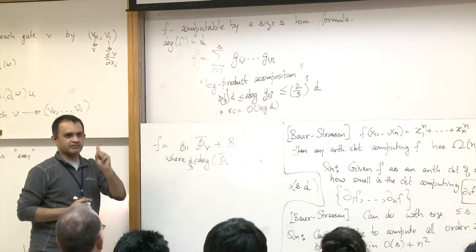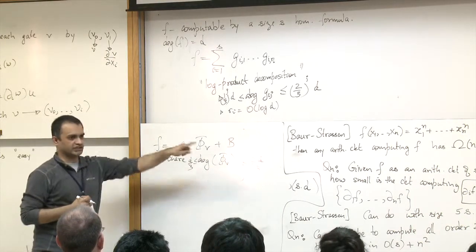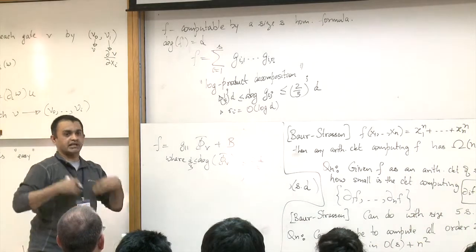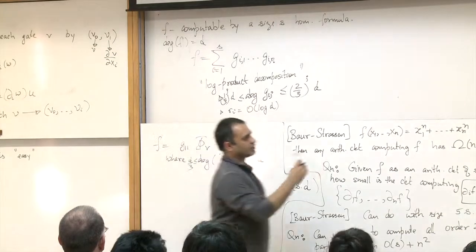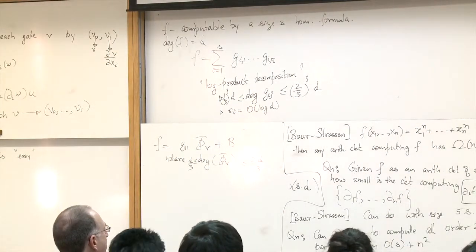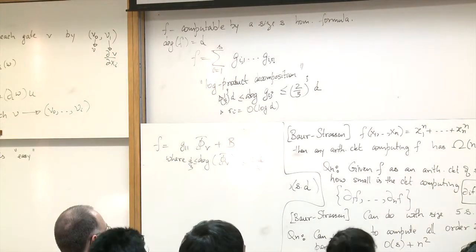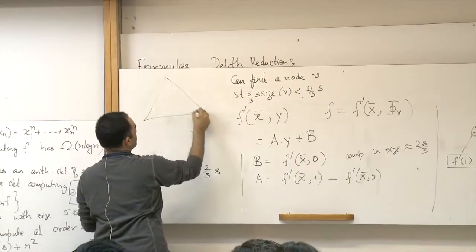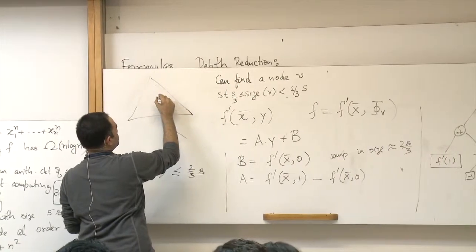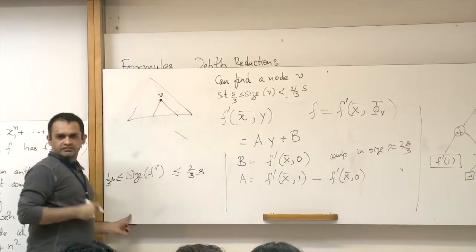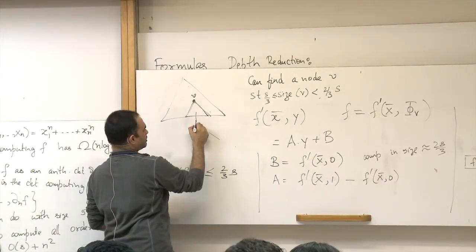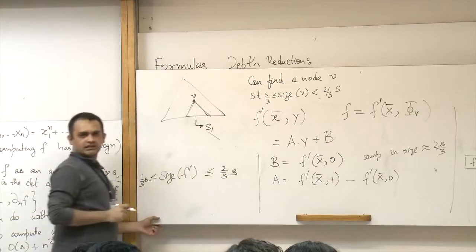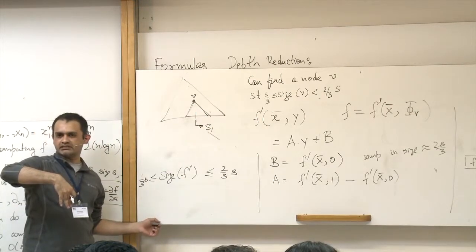I've extracted one guy from this summand, and I'm going to do induction on these two guys. I just want to make sure that I can do induction. So let's go back to this picture and see what phi v is. If I had some formula and I found a node v here, which I erased, then the size of phi v, let's call this S1, is the size of the subtree under v.